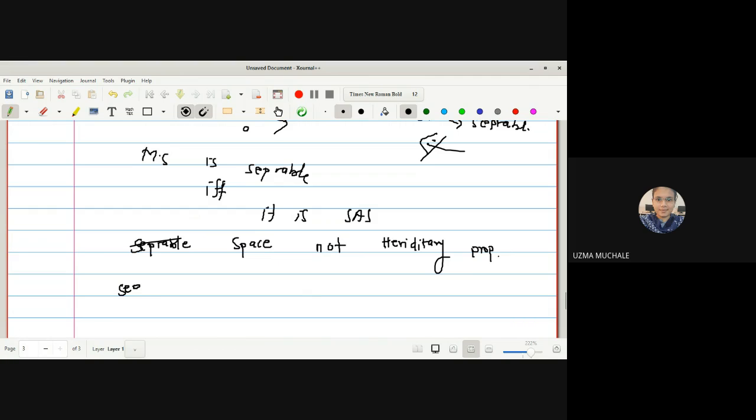And one more condition, that every separable space need not be Lindelof space. You can give the example of either P exclusion or P inclusion. The P exclusion topology is a Lindelof space, but it is not separable.